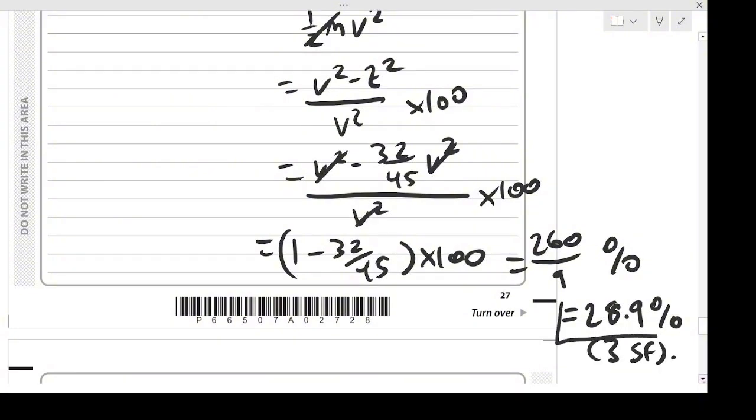And there is my answer. So there's my percentage loss in kinetic energy. So there we are. So that's the paper. Hopefully that's helped. But I'll see you next time.